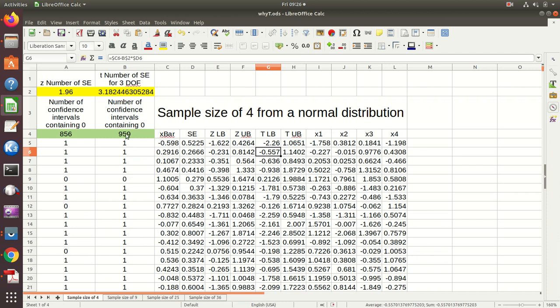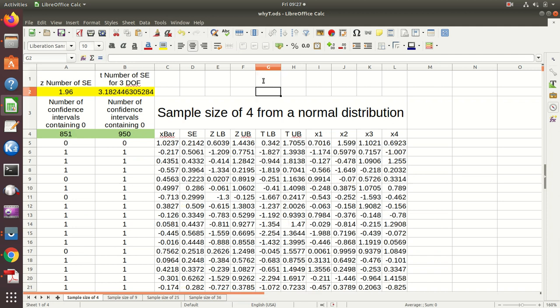And notice when I count that up, I didn't get exactly 950. I got 959, but very close to the 950 I would expect. And again, I can recalculate, and wow, let's freeze frame this because it is exactly 950.